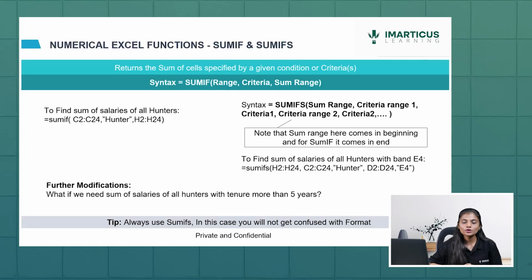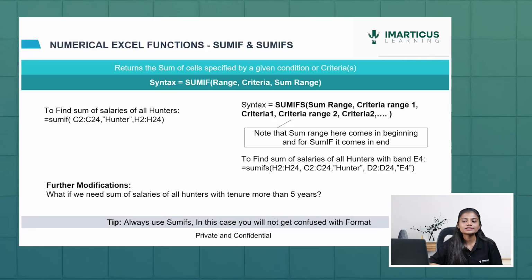So what I will do is I'll use something called SUMIF. SUMIF is nothing but sum of cells given by a specific criteria or condition. So it returns a sum of cells specified by a given condition or criteria.